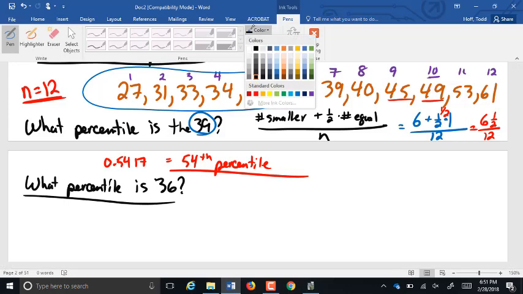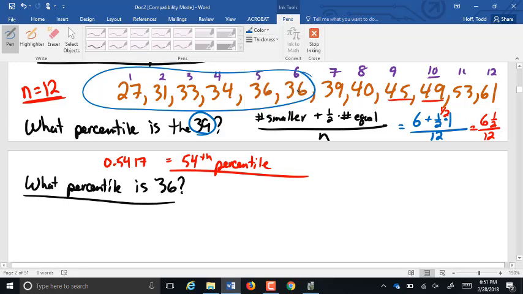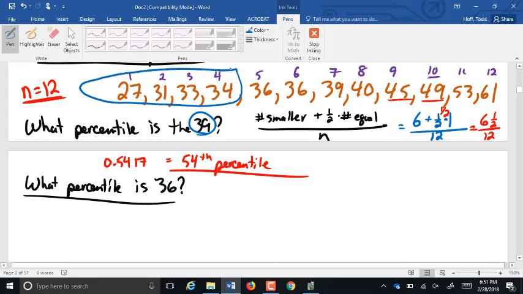In this data set, what percentile is 36? How many numbers in this set are smaller than 36? There's 4 of them, right? Plus 1/2 times how many are equal to 36? 2, over n, which is still 12.